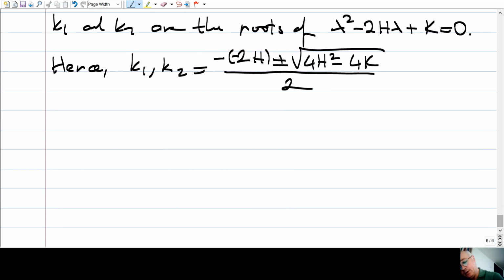So we get H plus or minus, the 2 becomes 4 inside the square root, and we get just the square root of H squared minus K.